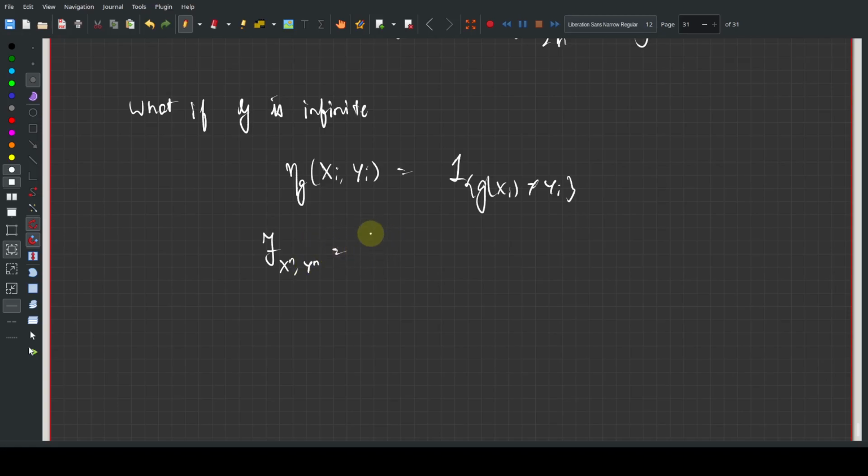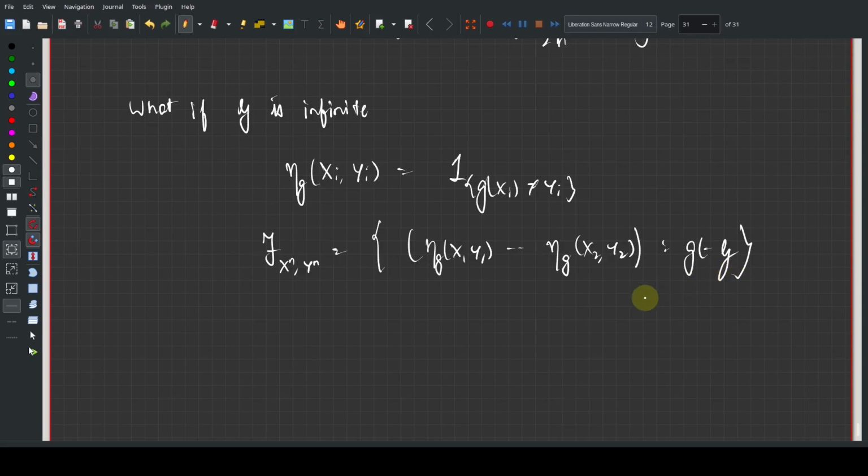This is equal to all possible configurations of this eta function, basically the errors. So for a given G, this is eta_G of x_1, y_1 up to eta_G of x_n, y_n.